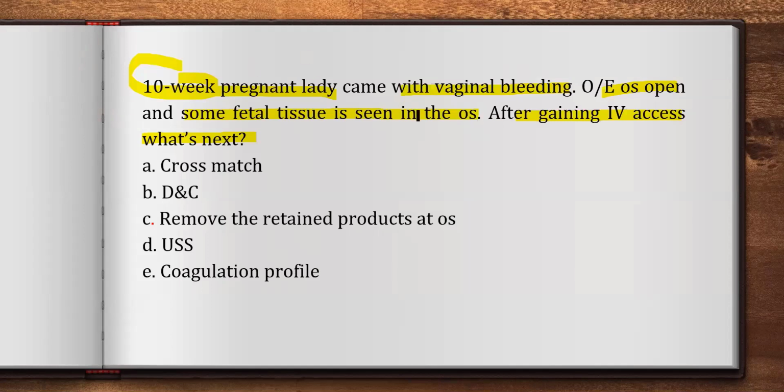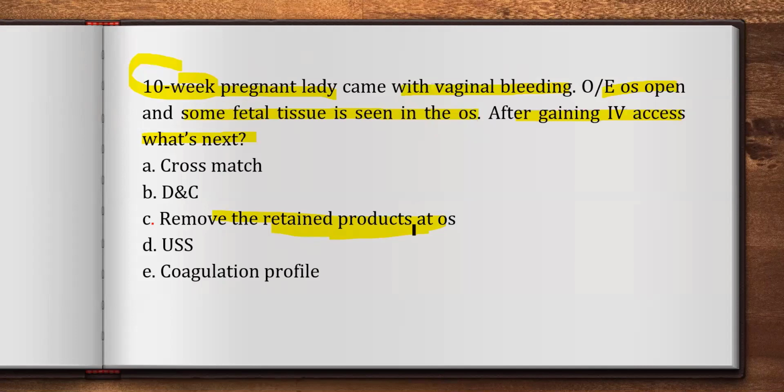But whatever you do after IV access, it's best to remove the retained product as soon as possible, because the bleeding will not stop unless you remove it. Whatever you do, even if you give blood, the patient's blood pressure will still fall, because it's causing cervical shock.